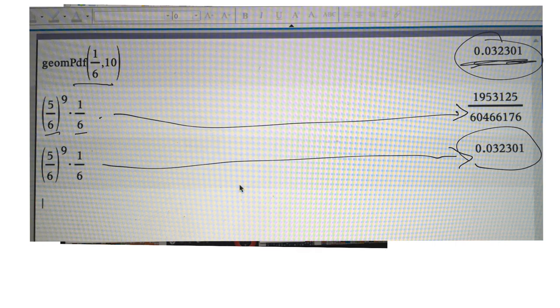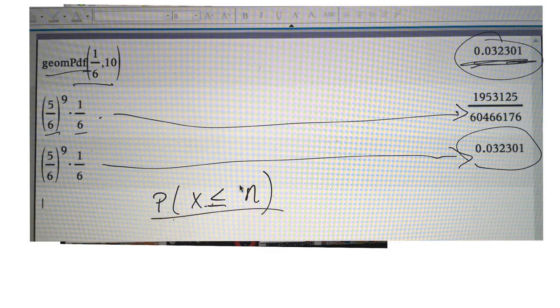Now, Geom CDF will calculate the probability your first success comes on or before a certain number of trials. Okay, so if you use a Geom CDF, this would calculate the probability that your first success comes on your 10th trial or before.